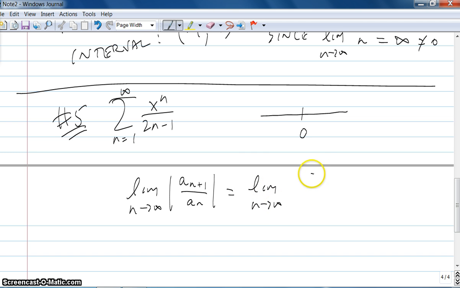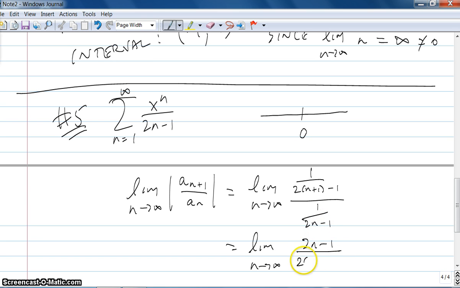I'm going to do 1 over 2 times n plus 1 minus 1, over 1 over 2n minus 1, which is the same. When you divide by a fraction, it's the same as flipping it and multiplying, or multiplying by the reciprocal. So what I've got here is 2n minus 1 over 2 times n plus 1 minus 1.